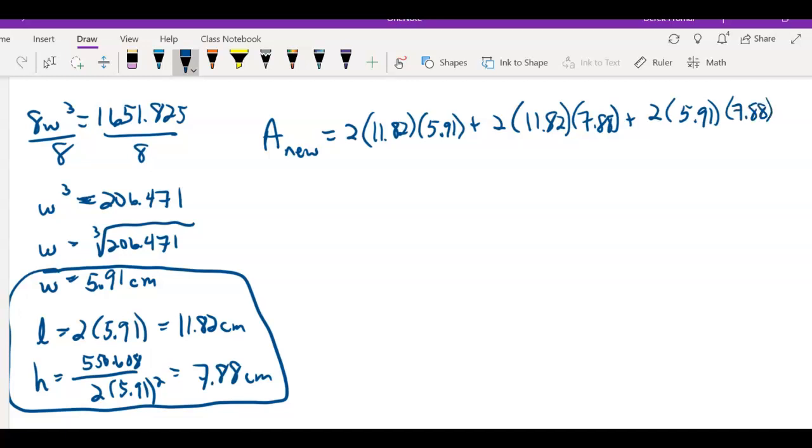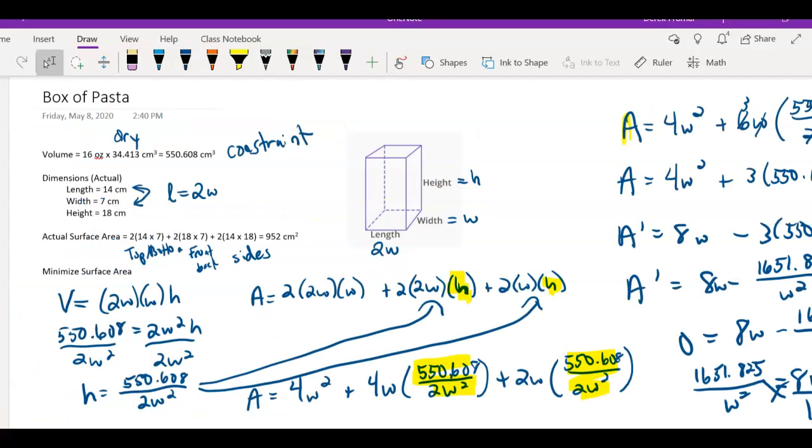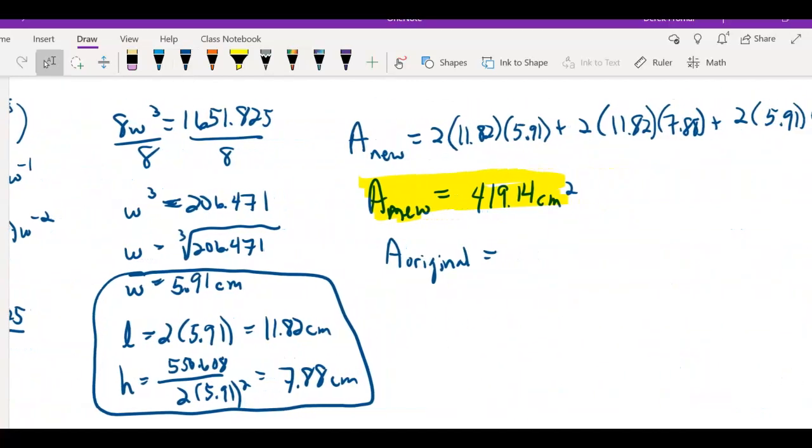And this is where you really see how much different the new minimized area is, because this new area for the box is now 419.14 square centimeters. The original was 952 square centimeters. So that's a big difference.